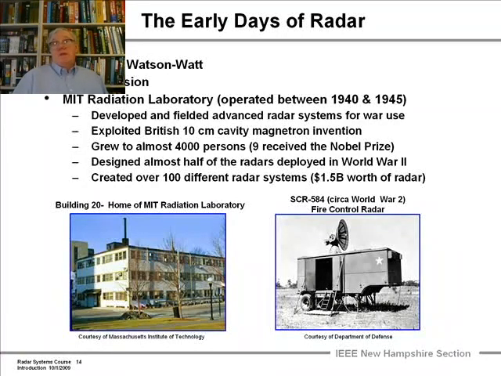The operators recognized it as what they call a blip on the screen. No digital CRTs like we have today in our computer systems. It was just a little bump on a CRT.